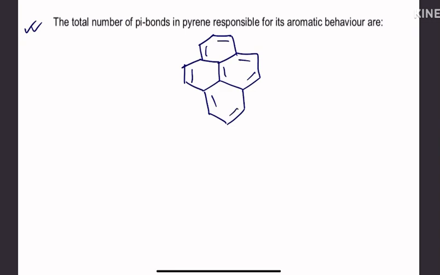So in this case, the total number of pi bonds in pyrene, this is the pyrene structure and aromatic behavior. Now see, this pi bond does not participate in aromatic behavior. Now you count how many pi bonds.